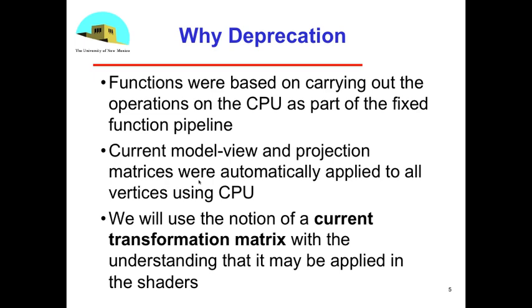And so same thing with the projection matrix. Well, what we're going to see is we don't really want to do it that way. If we're going to carry out transformations on a lot of vertex data, we're going to want to carry those operations out on the GPU if we can, rather than the CPU. And so that wasn't an efficient way to do it, although it made the code very nice.